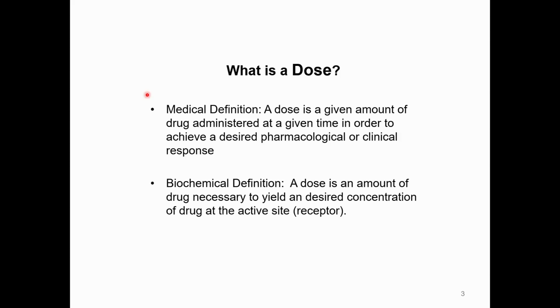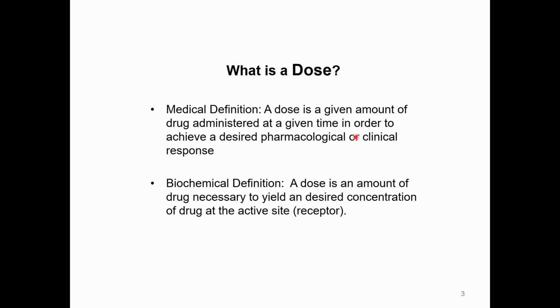The most basic thing we can do, and this is actually fairly simple, straightforward stuff today, but I want you to think a little bit about what a dose actually is. And from a medical perspective, you could define it as the amount of drug given at a particular time with the idea that you're going to achieve a desired pharmacological or clinical response.